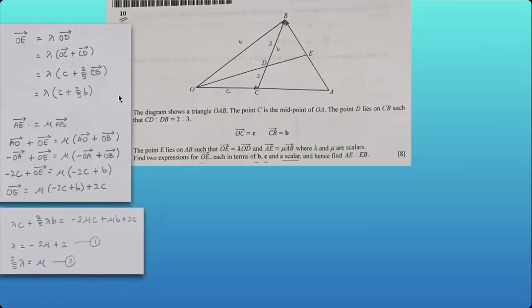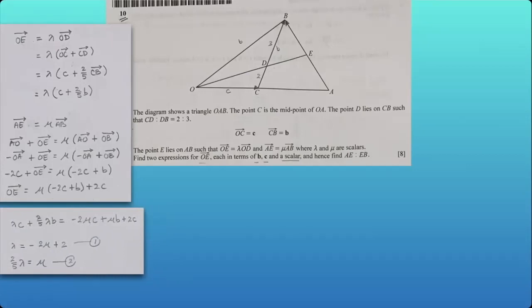So we have two expressions, and we can equate them. So we have lambda c plus 2 over 5 lambda b is equal to minus 2 mu vector c plus mu vector b plus 2 vector c.